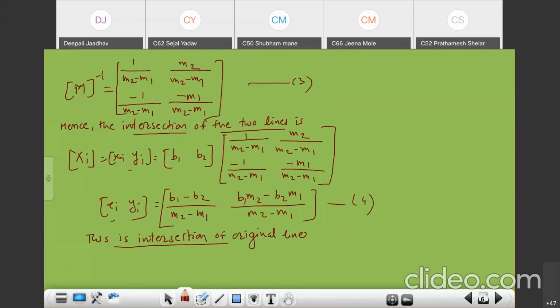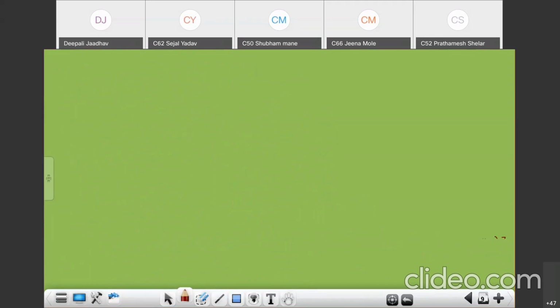But this intersection we need to transform now using the transformation matrix A, B, C, D. So now transform the intersection of the original line using the transformation matrix A, B, C, D.